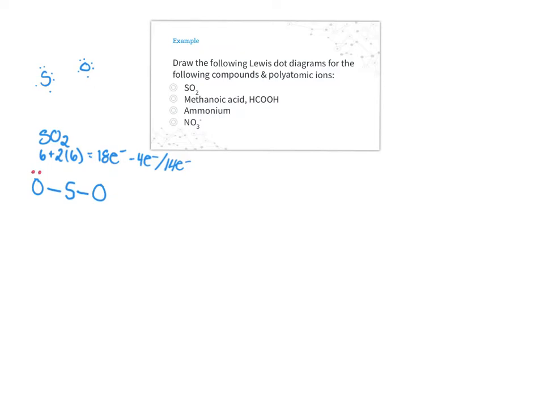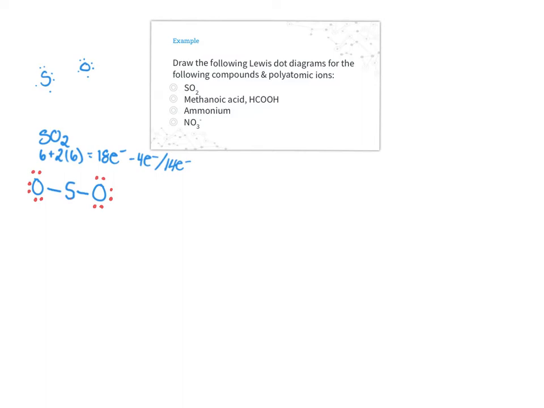So 1, 2, 3, 4, 5, 6 electrons fills that octet. I'm going to go over to my other peripheral or other outer atom. Remember, sulfur is my central atom. And I'm going to fill its octet. So with another 1, 2, 3, 4, 5, 6 electrons.